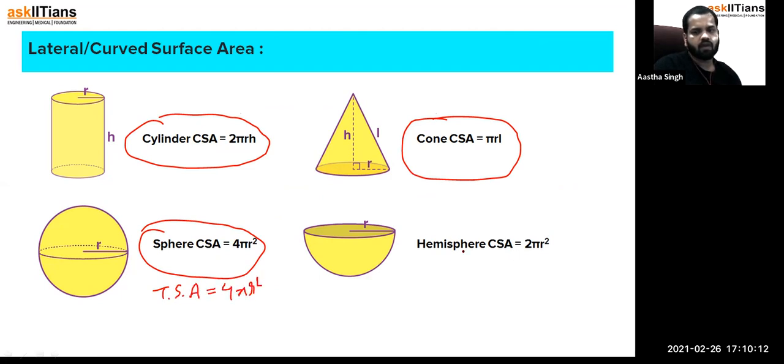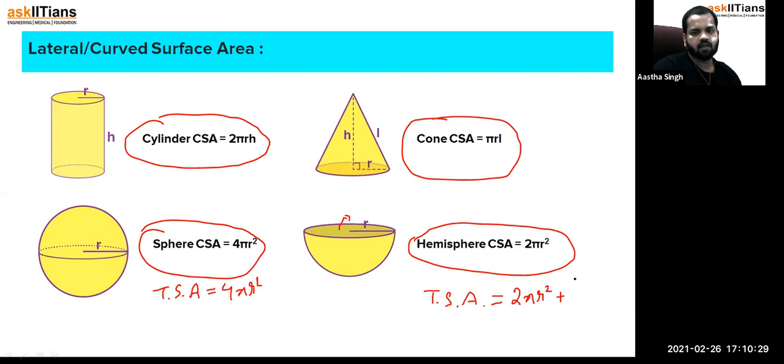The CSA of your hemisphere is 2 pi R square. The total surface area of the hemisphere will be 2 pi R square plus the upper circular area, so you add pi R square, which gives 3 pi R square.